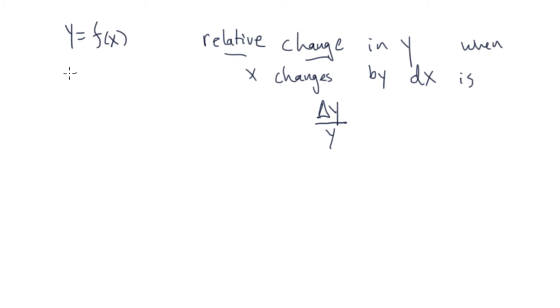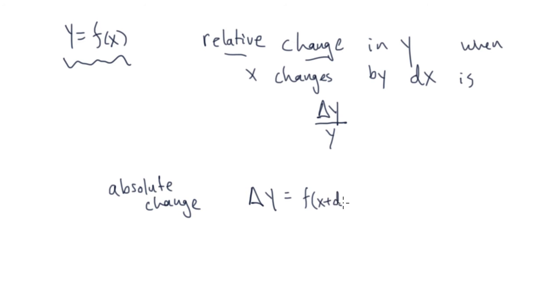So the table looks like this. We have, of course, y equals f of x. We have the absolute change, which is delta y, which is equal to f of x plus dx minus f of x.